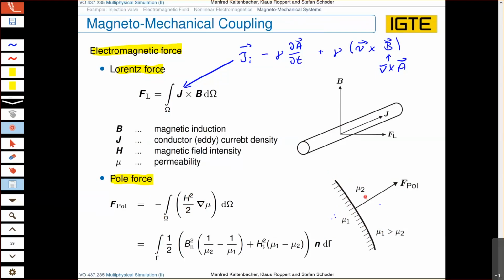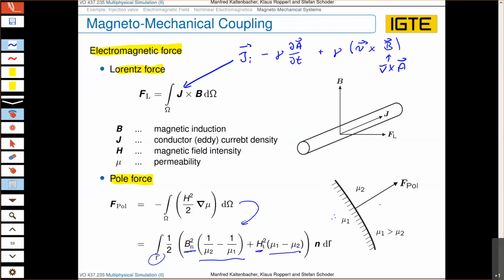But we can transform this volume integral into the so-called surface integral over the body, and there we have once to evaluate the normal component of the magnetic flux density and scale it with the inverse of the permeabilities, and once the tangential component of the magnetic field intensity and scale it with the difference of the permeabilities.